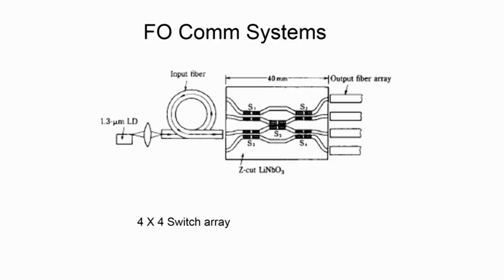In this example I have chosen the directional coupler switches, the electro-optic switches we have seen earlier. As we know, the electro-optic switch has the configuration of a directional coupler. I will just write again.